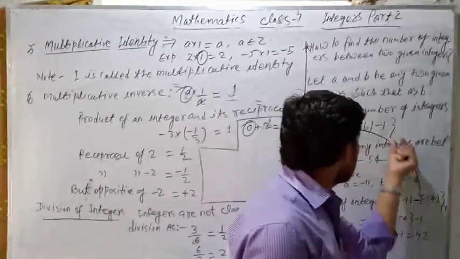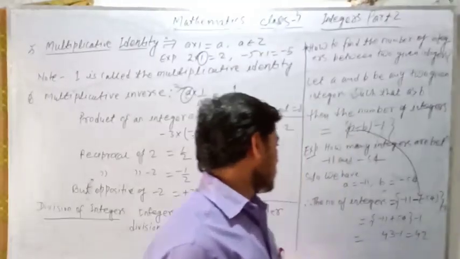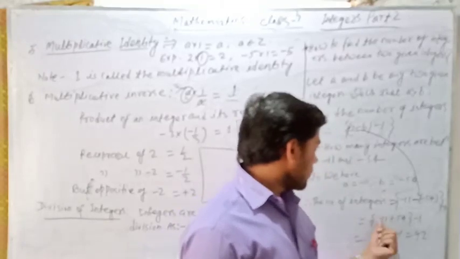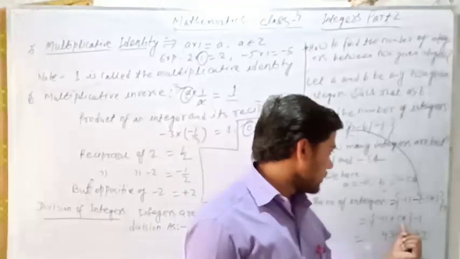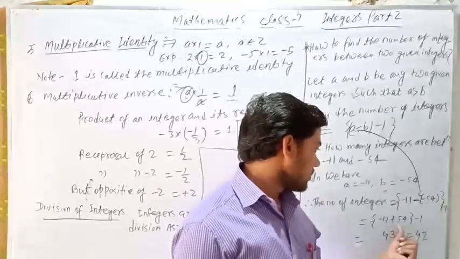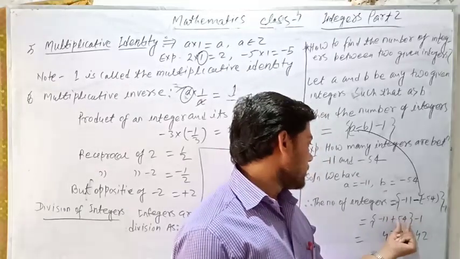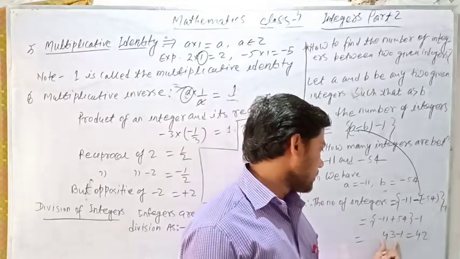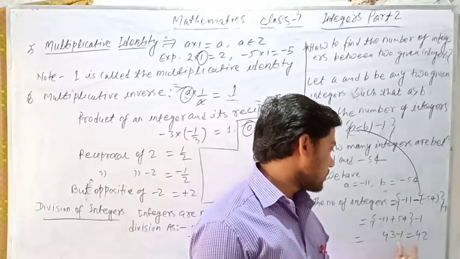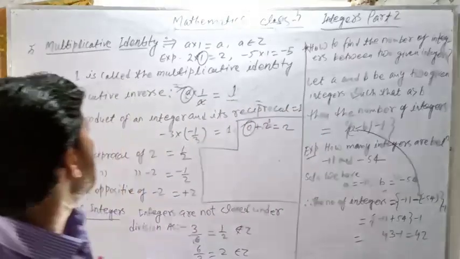That is minus 11 plus 54 minus 1, which is 54 minus 11, 43, minus 1, 42.